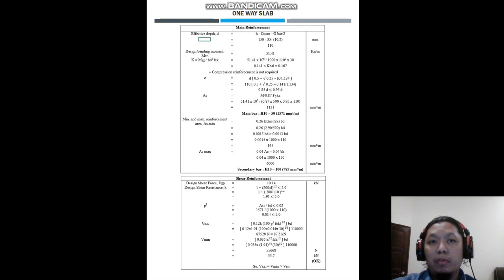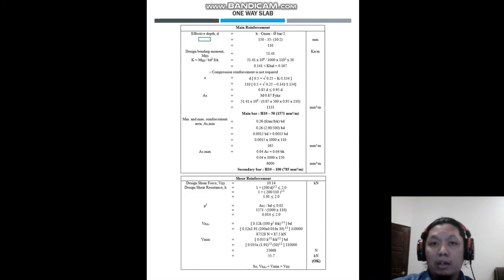And we go for the K, which is the formula MED over BD square times FCK. After we insert the values in the formula, we get 0.141, which is less than K bar, which is 0.167. So the compression reinforcement is not required in this project.